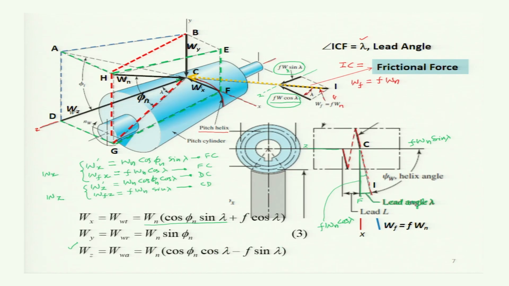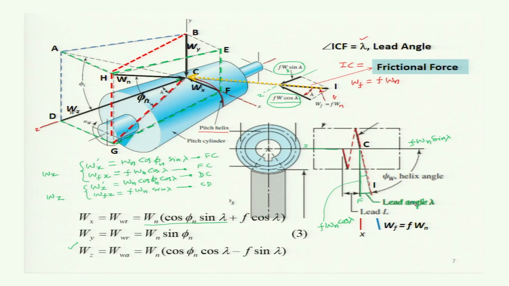Okay. Now this Wz is acting along the axial direction, and so it will also be called the force on the worm in the axial direction. And this force along the x direction is tangent to the pitch cylinder of the worm, and so that is the tangential force.